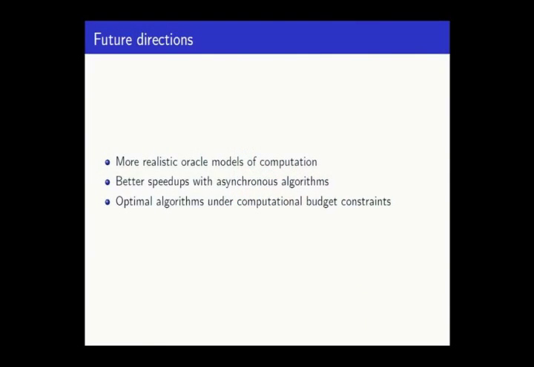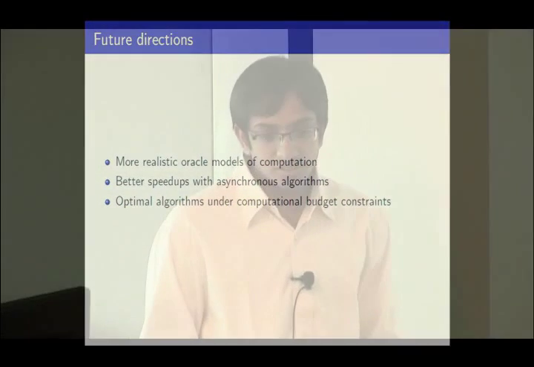Now this is just a very brief survey, so there are lots more directions for future work and lots of other ways of looking at these problems. So for instance, I talked about one particular Oracle model of computation today. There are many other Oracle models, and the one I described today captures certain computational aspects of the algorithm and ignores certain other computational aspects.